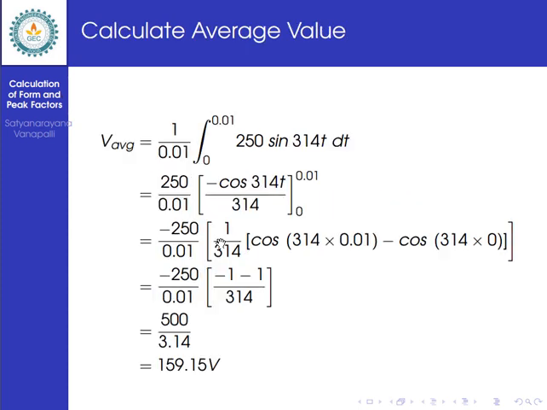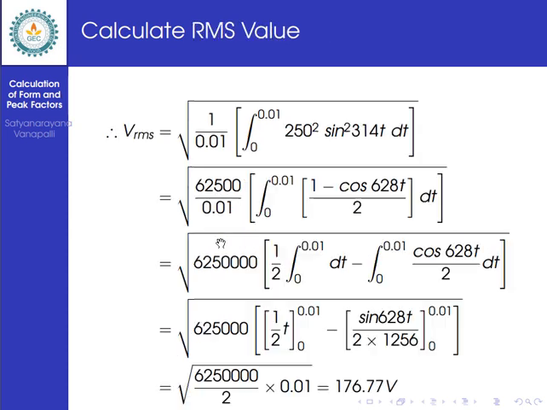V average is equal to 1 by 0.01 integral 0 to 0.01 250 sin 314 t dt. Finding the value of integral and substituting the limits, you will get this value as 159.15 volts. Calculate the RMS value.